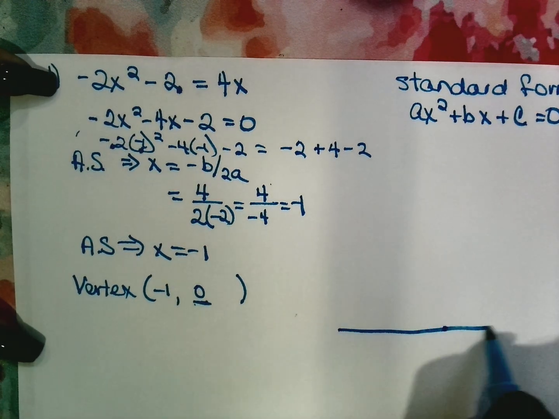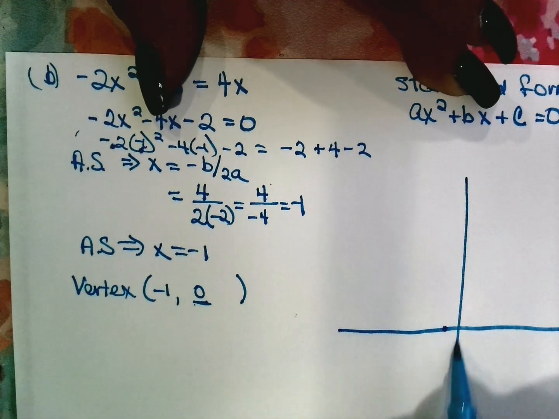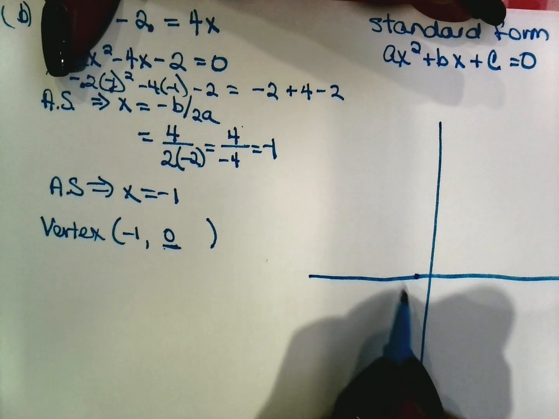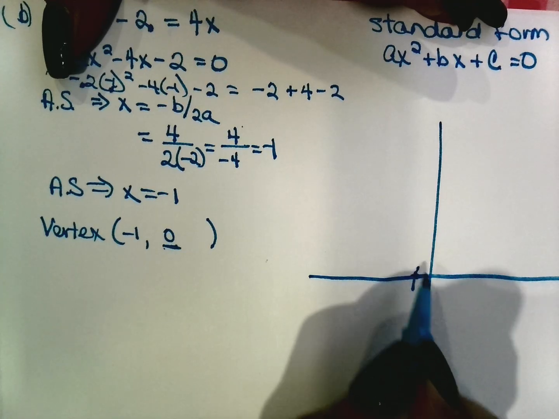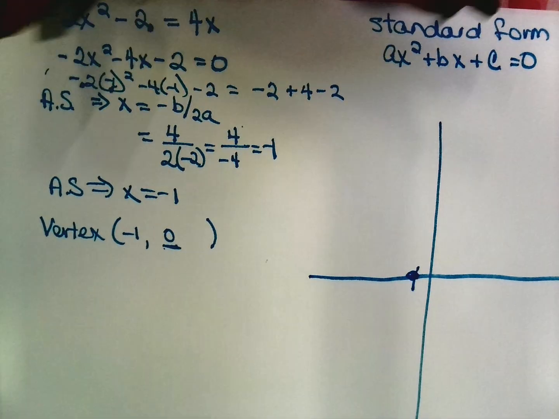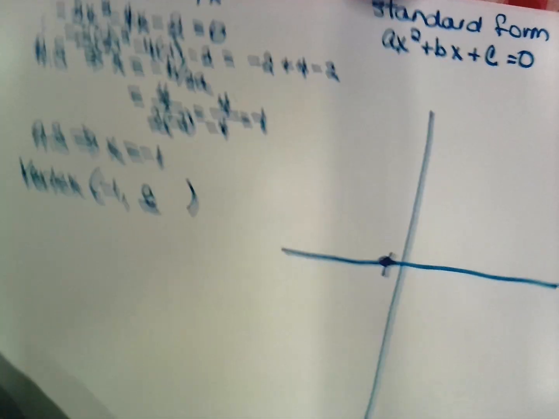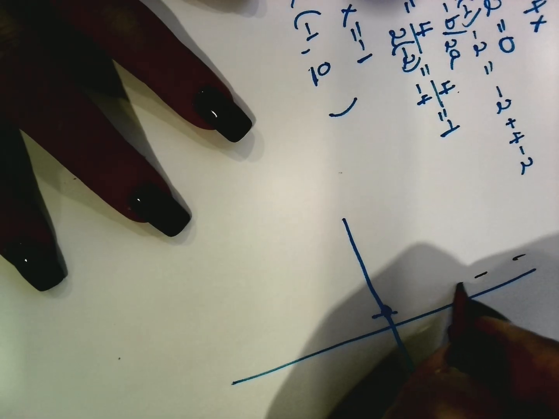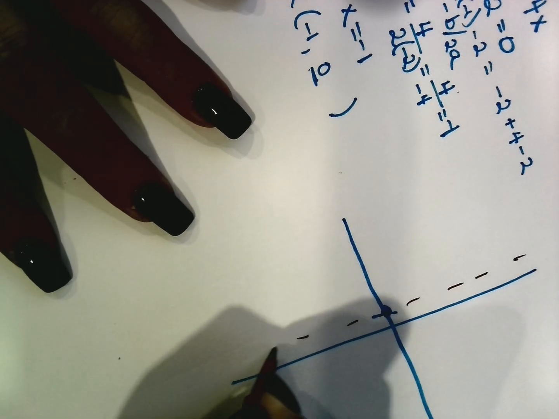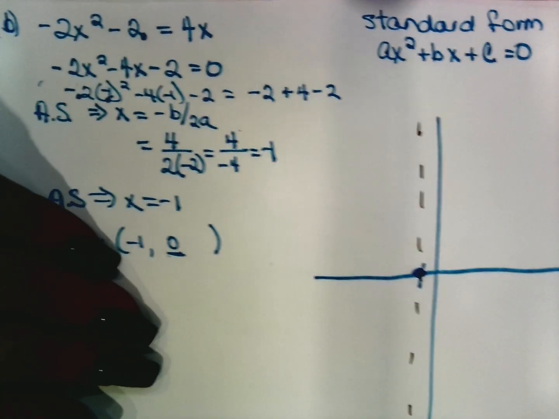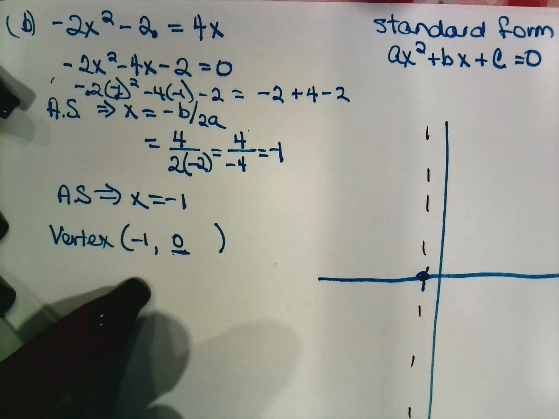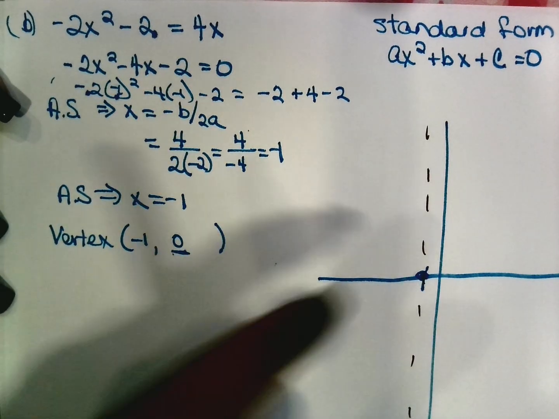All right, so we know that we have a vertex at negative 1, 0, and that our axis of symmetry is at negative 1. Now, not only do we have a vertex at negative 1, 0, we also have our x-intercept.